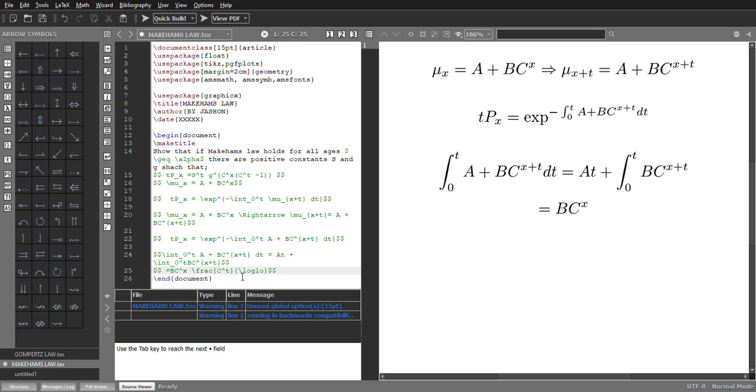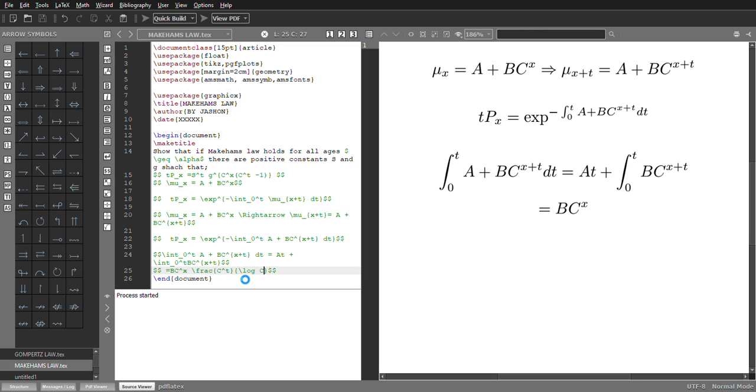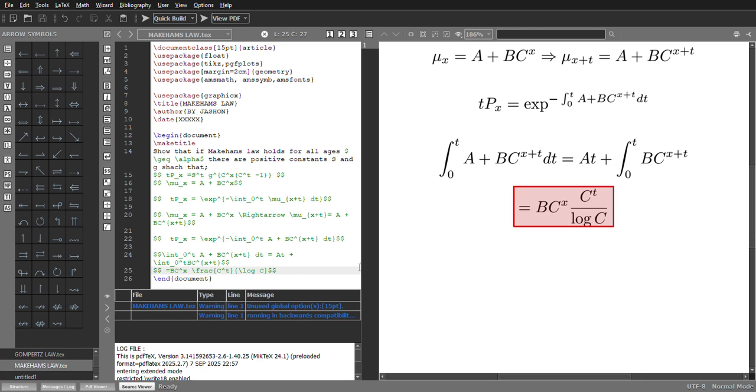So yeah, we have something like that. Then we replace this one back here.